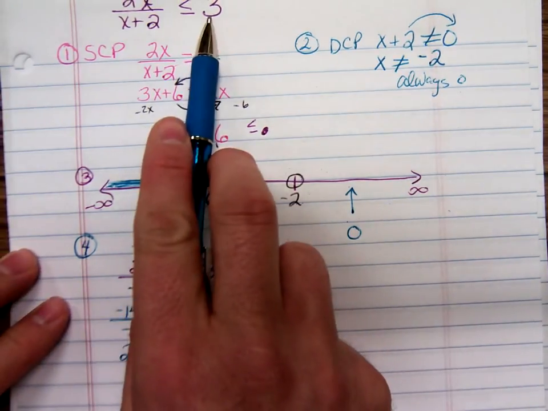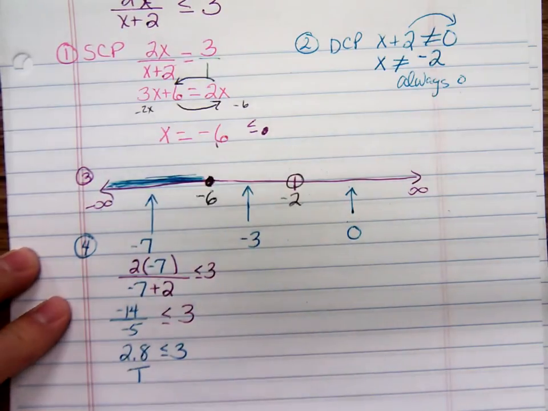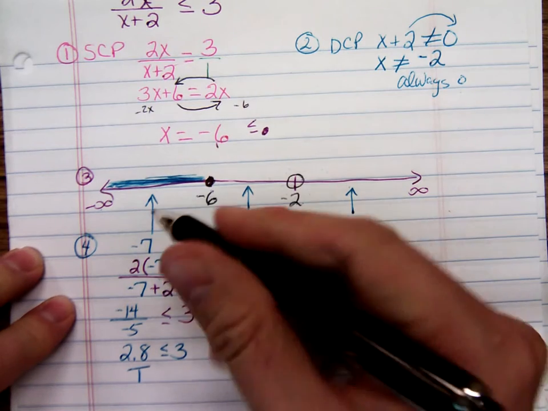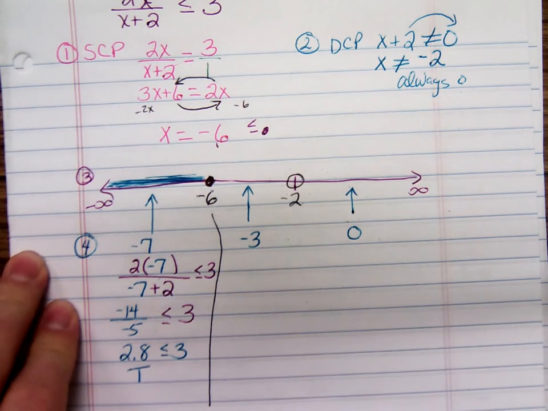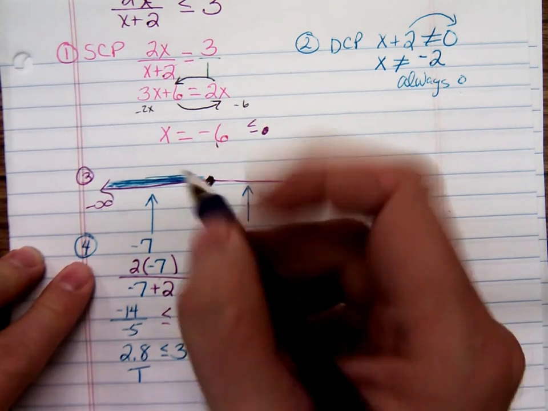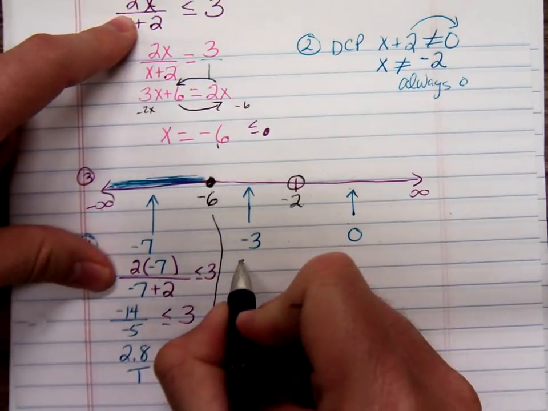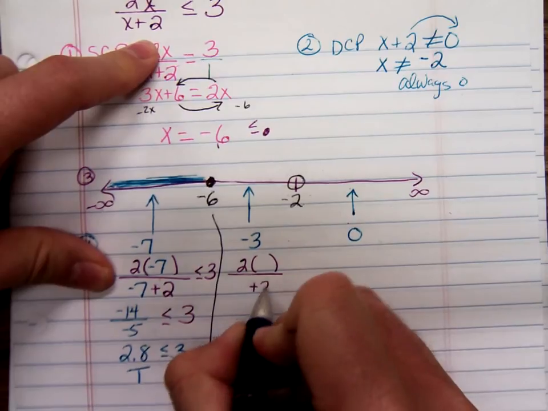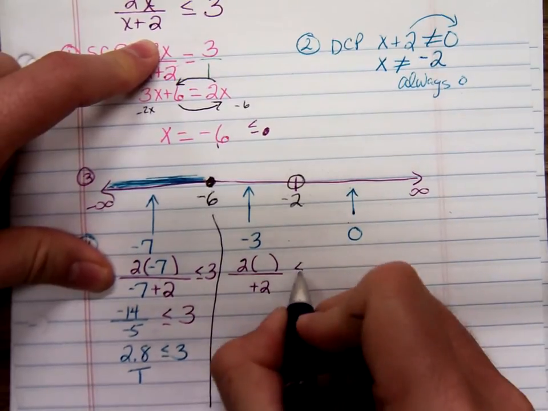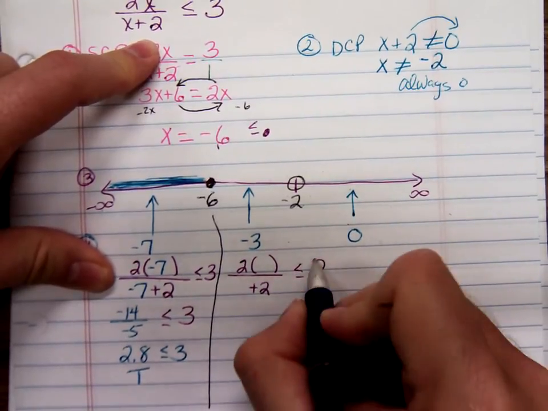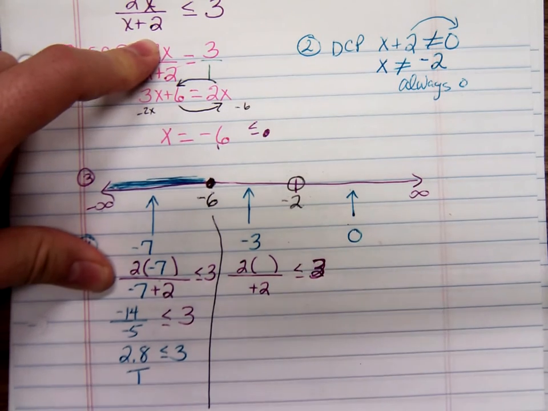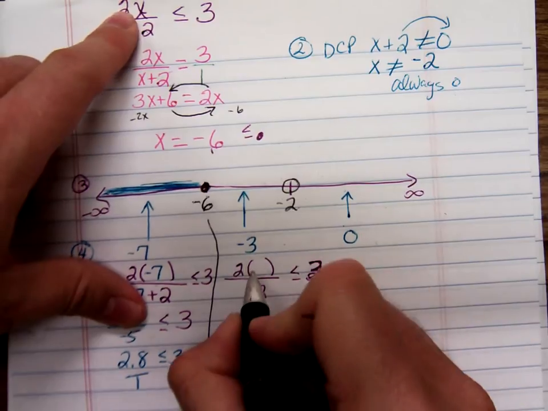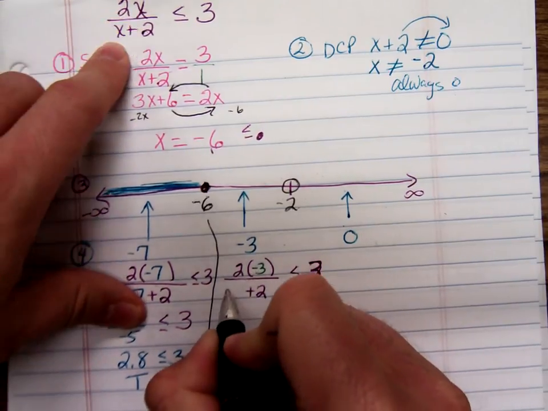Now let's see about this one right here. I'm testing the negative 3. Plugging negative 3 in up here. 2 times negative 3 over negative 3 plus 2 less than or equal to 3. So I'm plugging negative 3 in here and there.